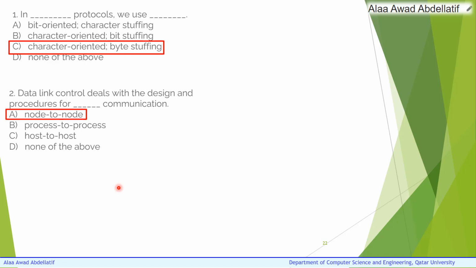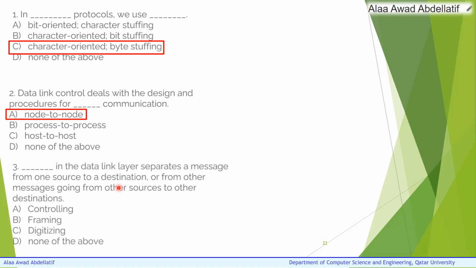Physical is also node to node; in the end, I need to transmit the data between two nodes. The transport layer is the one that is process to process. The application layer also deals with the process level, the higher application level or process layer. The network layer is host to host, because there is IP and routing in the middle. But node to node, without any routing, is the data link layer and the physical layer.